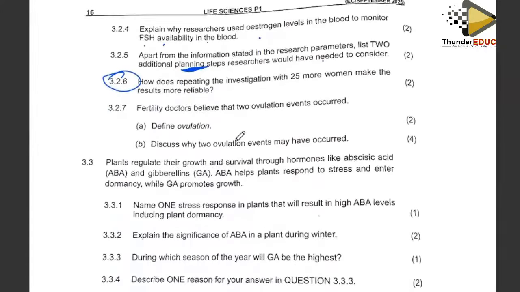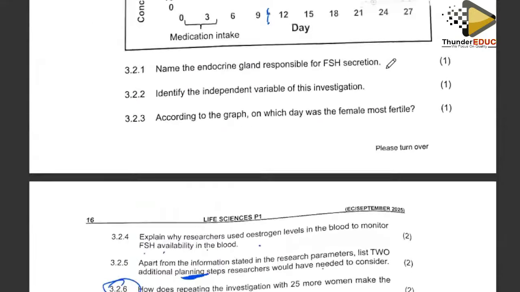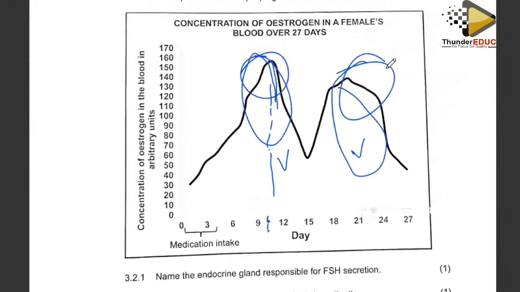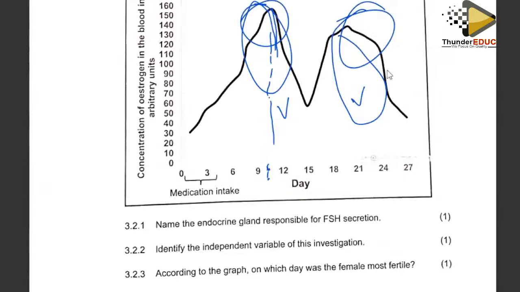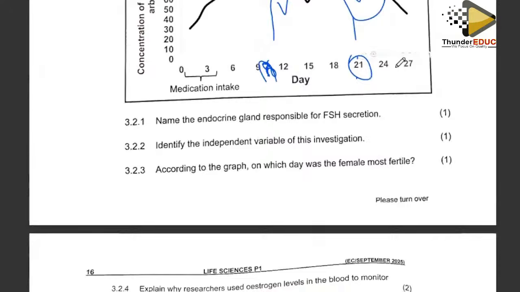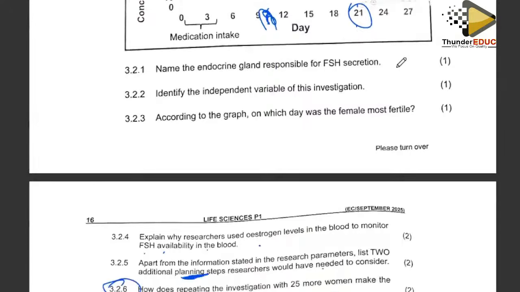And then I can also say that the first peak took place on day 10 or 11, one of the two. And then the second one is on day 20, I see it's day 20, day 21. Yeah, day 21 there. So that shows that maybe the Graafian follicle had developed very well. Do you understand?